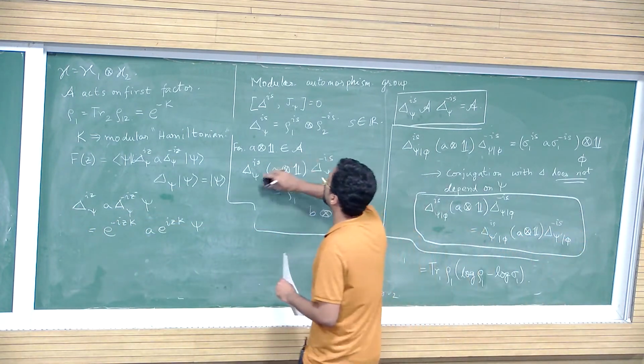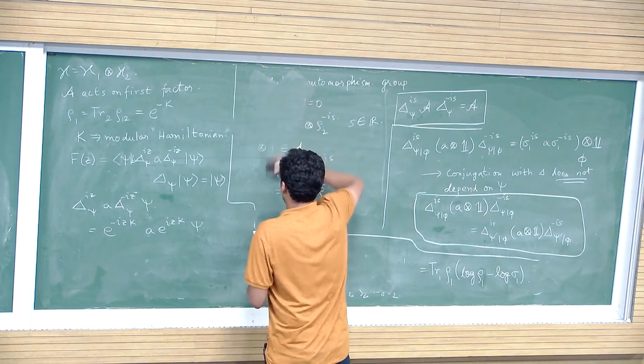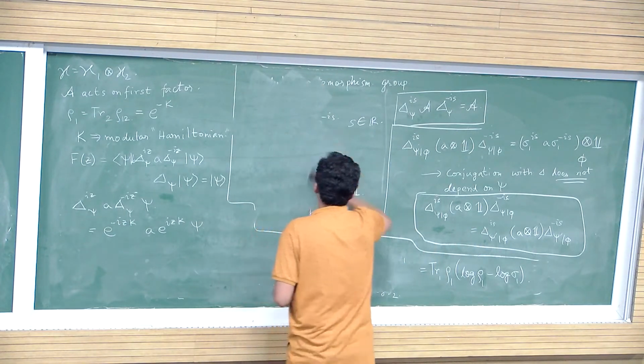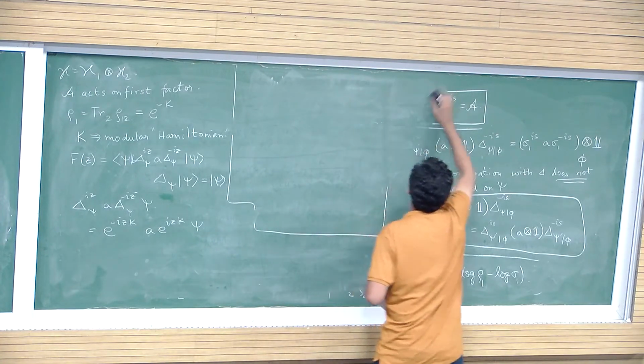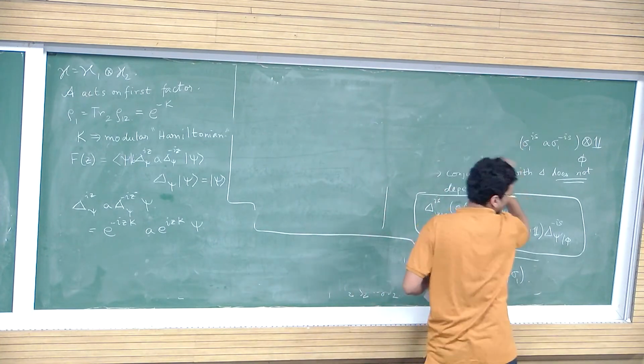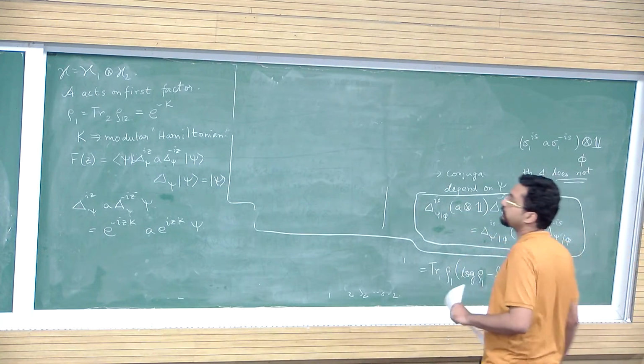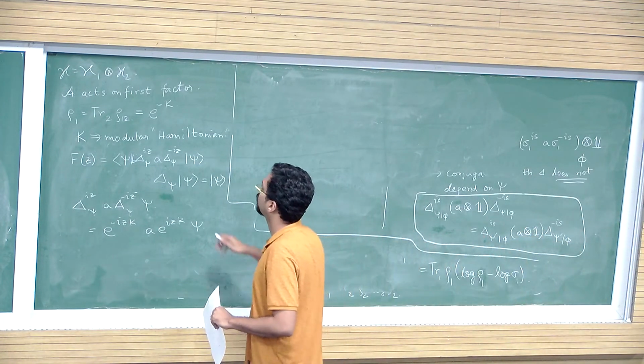Further, what you know is that for any generic operator O, if I know my density matrix, I can write its expectation as trace of rho times O. But rho has already been defined as e to the power minus K here.